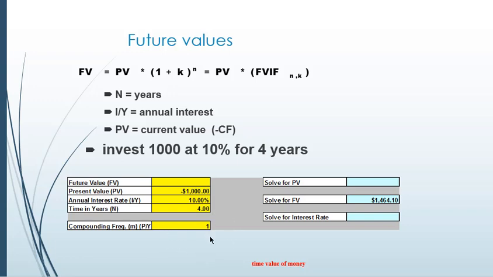We have annual interest rates, so that's 1. And the future value is $1,464.10. So if you invested $1,000 today and earned 10% per year for 4 years, at the end of that time frame, you'd have $1,464.10.